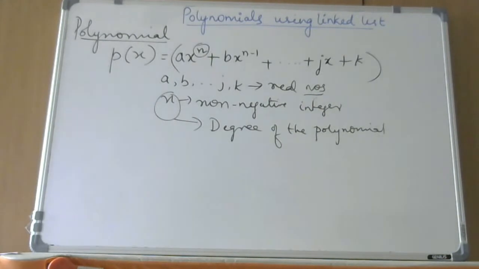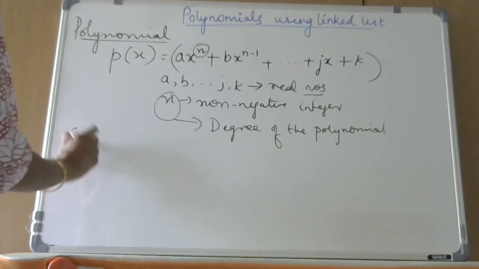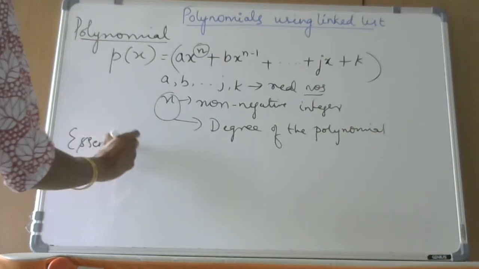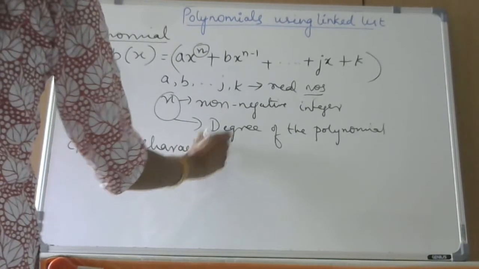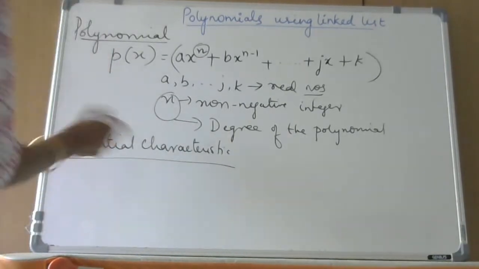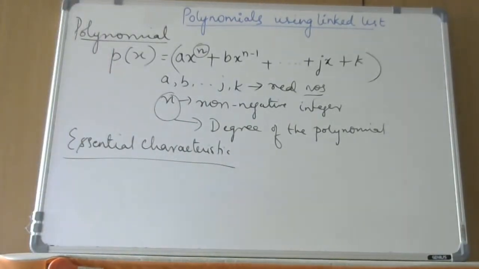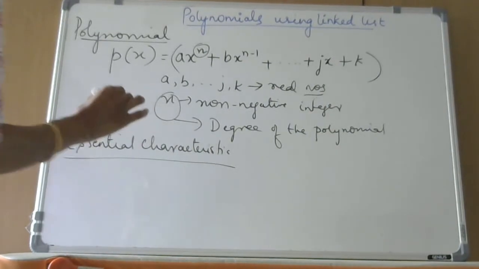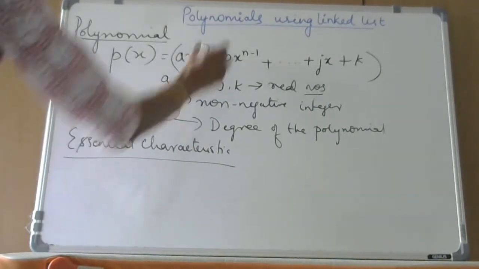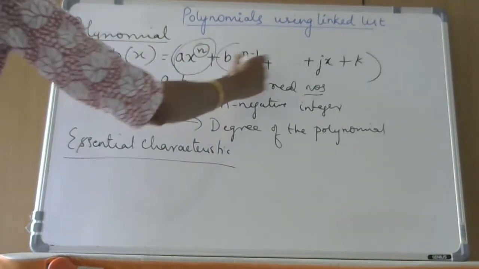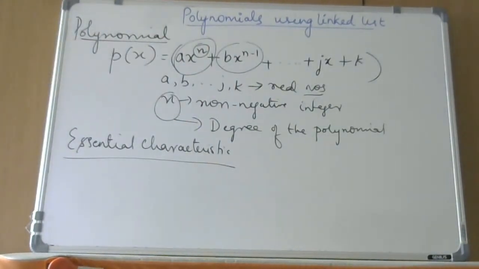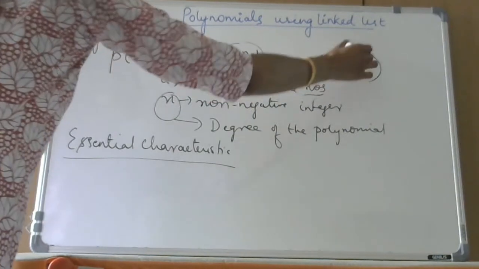What is an essential characteristic of a polynomial? Every term in the polynomial expression is one term: a x to the power of n is one term, b x to the power of n minus 1 is one term, j x is also one term, k is also one term.